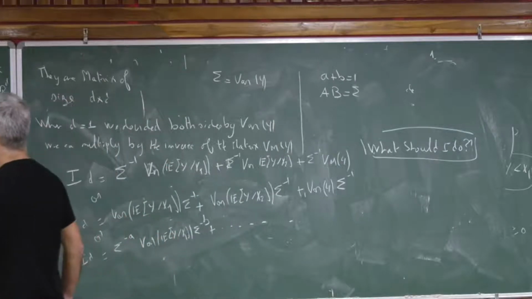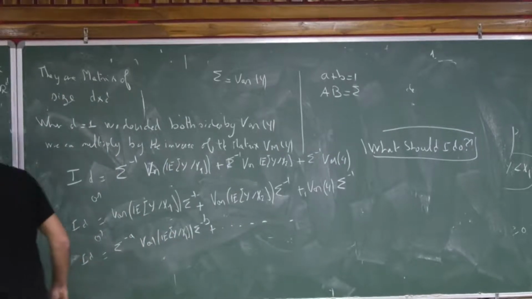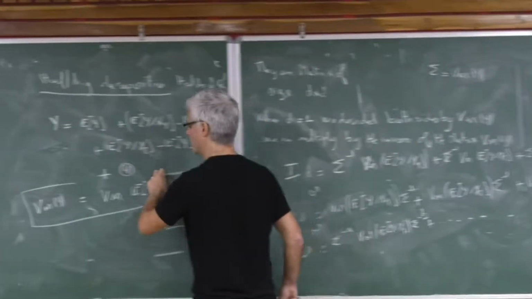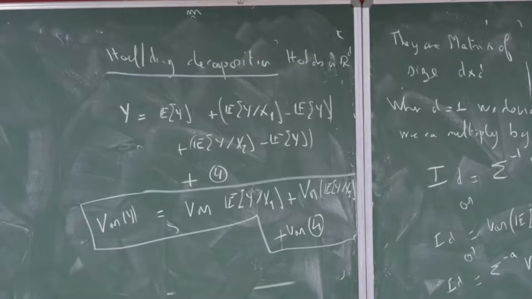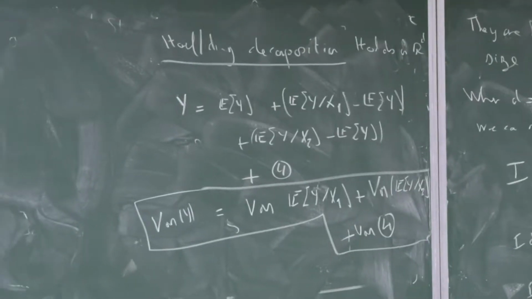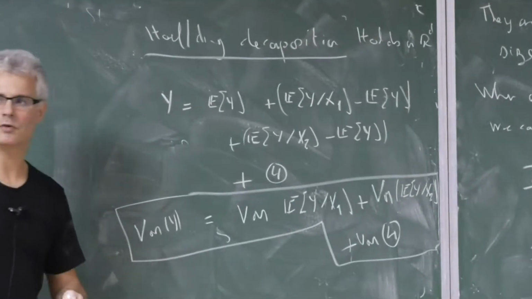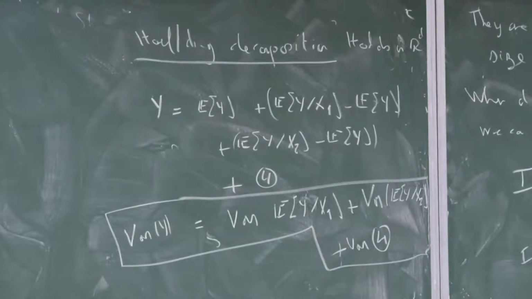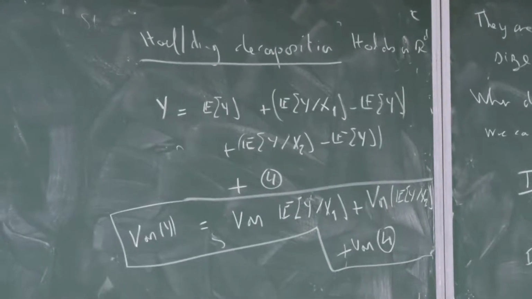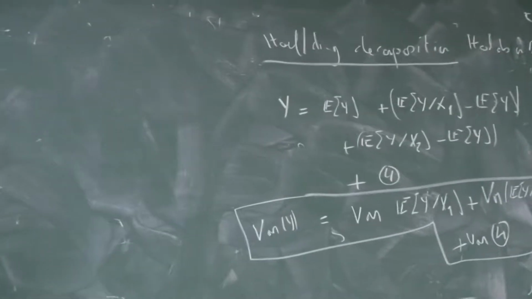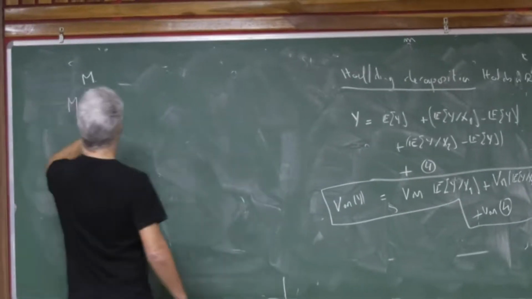Here I decided to multiply in some sense by the inverse of this matrix. But what you can do, you can say, okay, I have a formula that is vectorial, and I can project it into R, and then do the methodology we did before. So for example, I can take M a matrix. I can multiply this equality by M, by any matrix, for example.